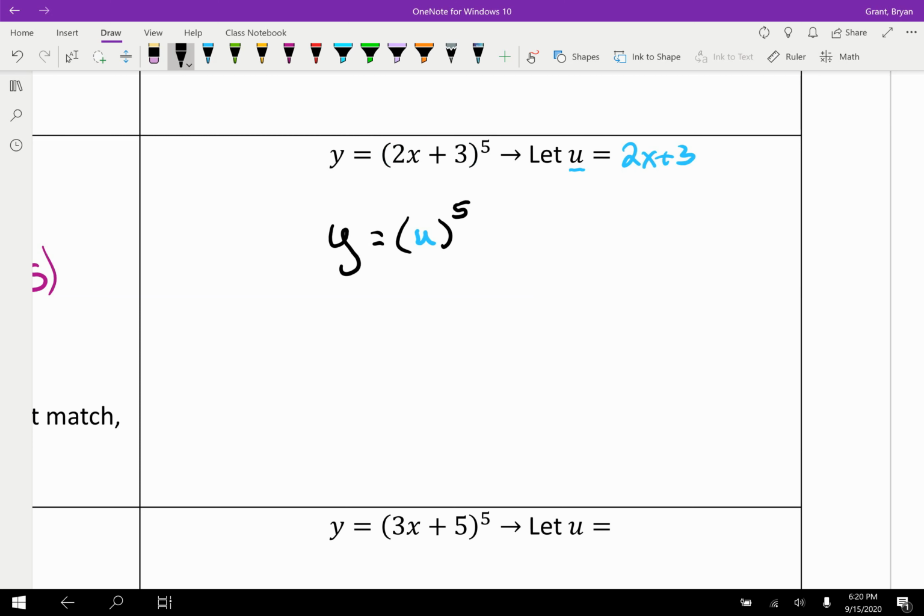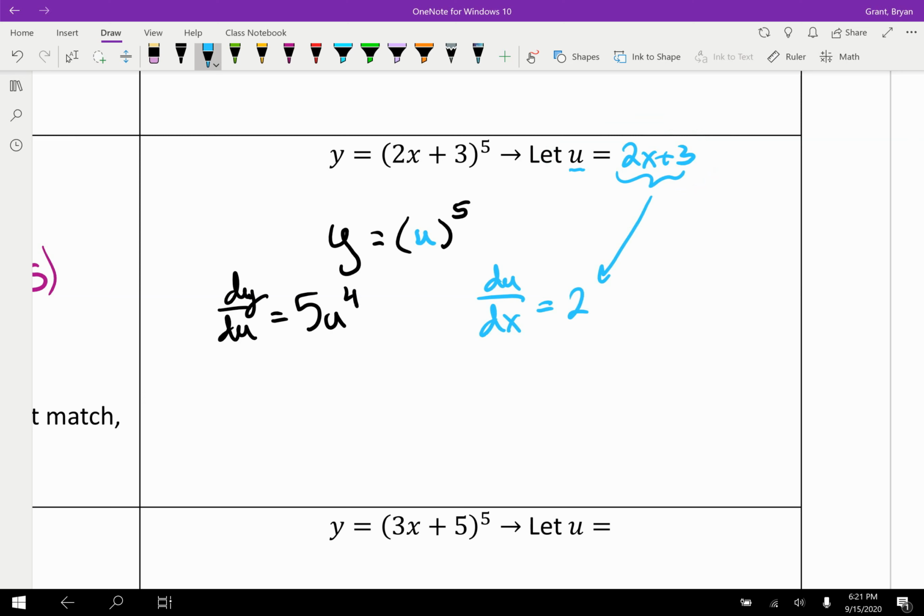Well, now let's go ahead and take the derivative. I'll show this in two different stages. dy/du, the derivative of y with respect to u, is just 5u to the fourth. However, the derivative of u with respect to x, du/dx, is going to be, well, the derivative of this is just 2.